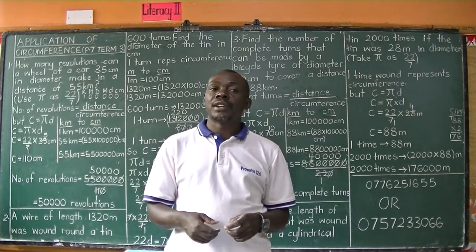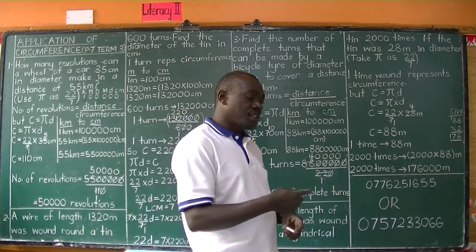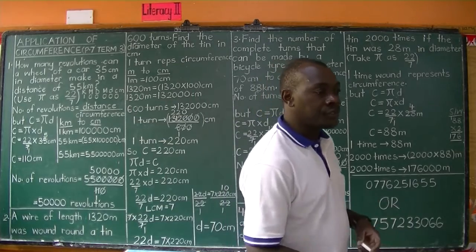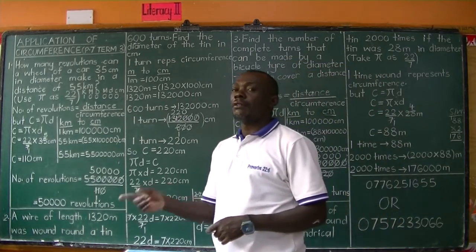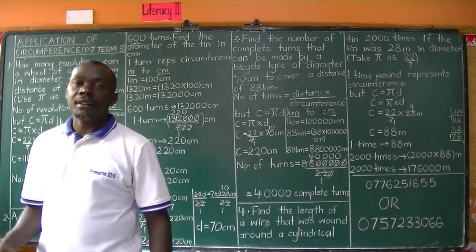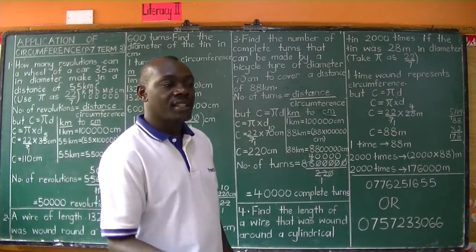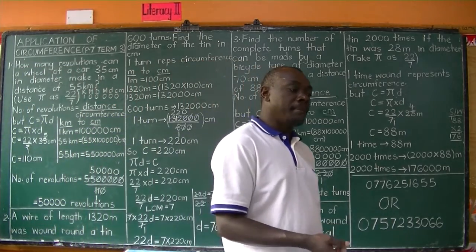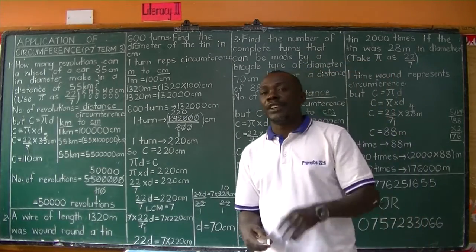That's why they are circular, for easy rotation. And when they rotate, when they revolve, when they turn, they make circumferences because they make journeys around them. Being circular, they apply circumference. That application of circumference makes you move from one place to another in your vehicle.